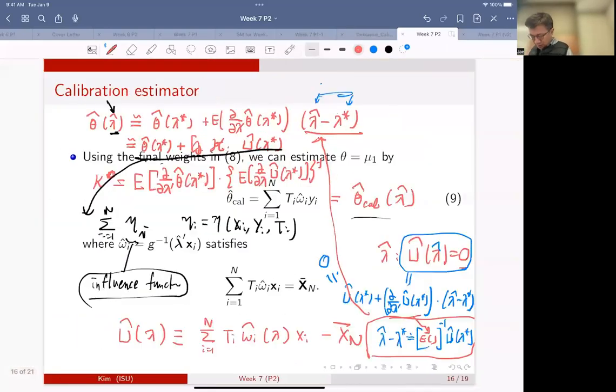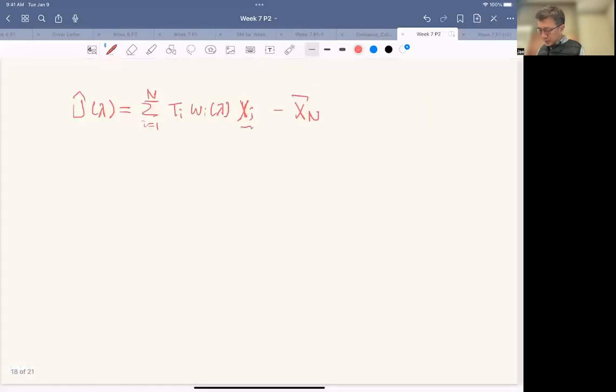Right, this one. So this is our estimating function for lambda, and solving this equation will lead to lambda hat.